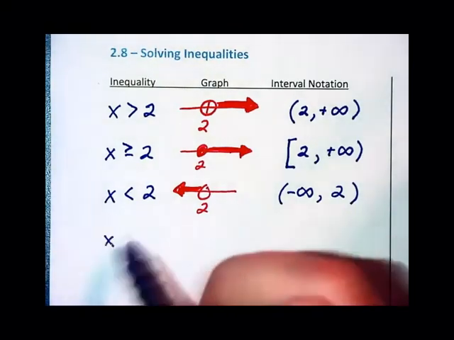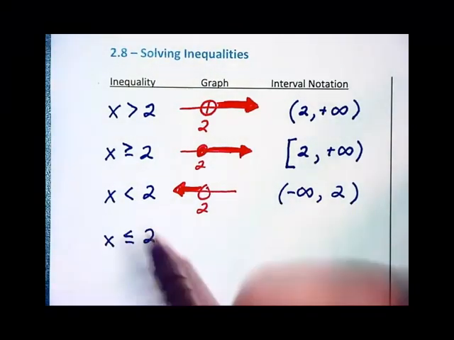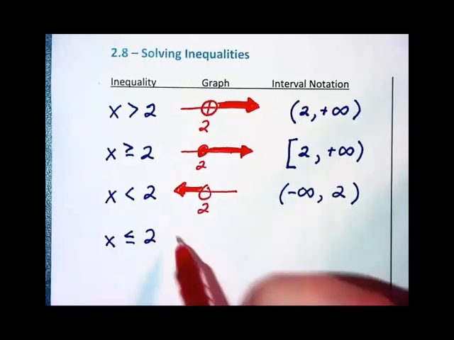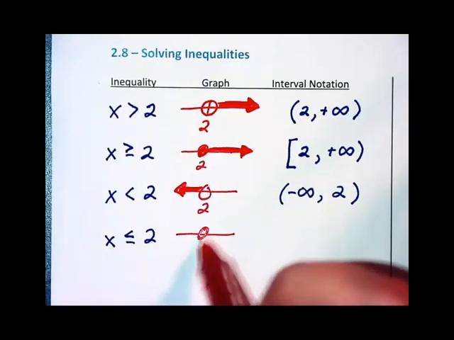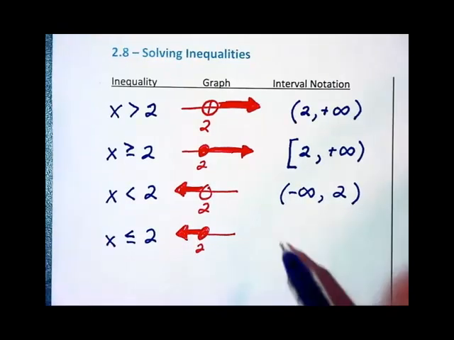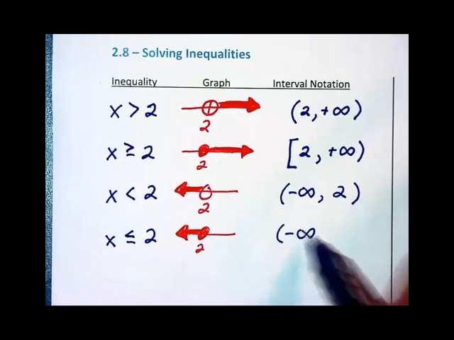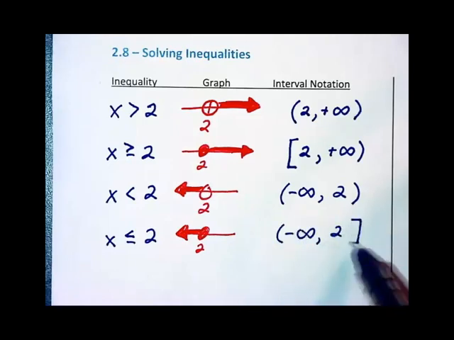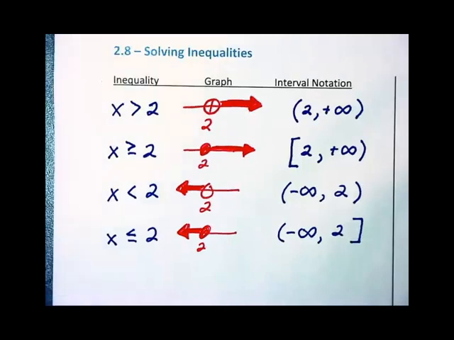Likewise, if we have x is less than or equal to 2, we would shade in the circle at the 2 and still have everything shaded to the left, and we would have from negative infinity to 2 inclusive using the bracket in the interval notation.